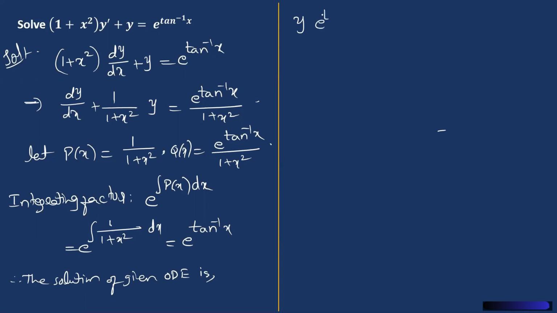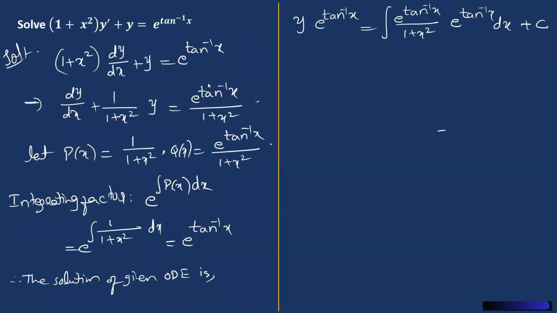So it is e to the power of tan inverse x is equal to integration of, see how much is the right hand side function, it is e to the power of tan inverse x by 1 plus x square multiplied by this integrating factor. See how much we got the integrating factor? It is also e to the power of tan inverse x. And we need to integrate this product with respect to x plus some integrating constant c.